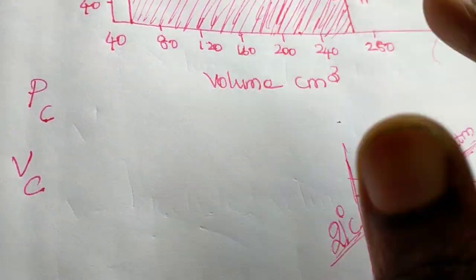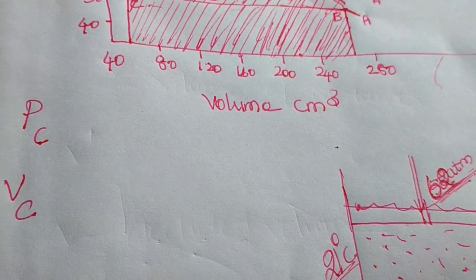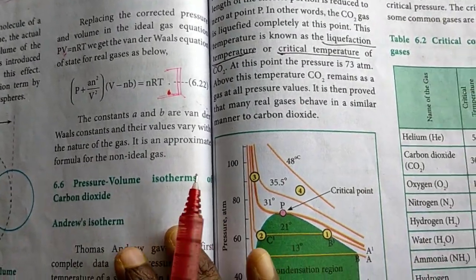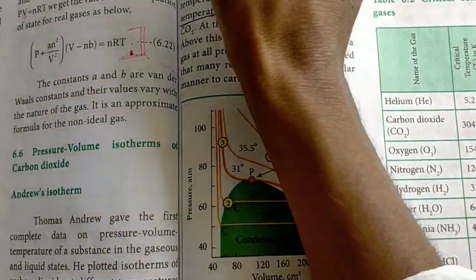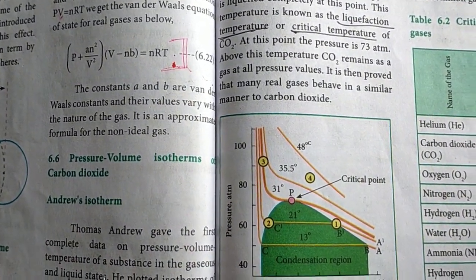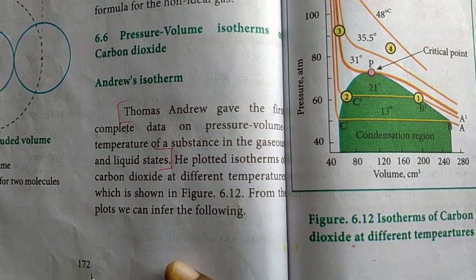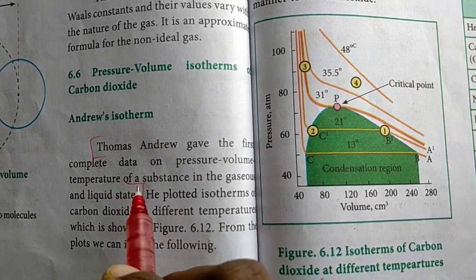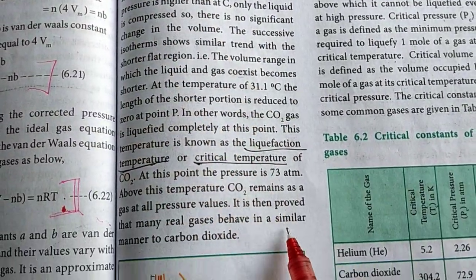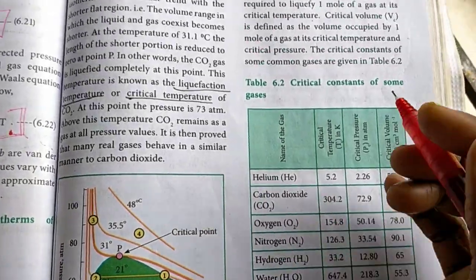This is an important question also, so study well. To explain the Andrews isotherm, you have to write from here, page number 172, the part on the Andrews isotherm. Then explain it again with figure 6.12.